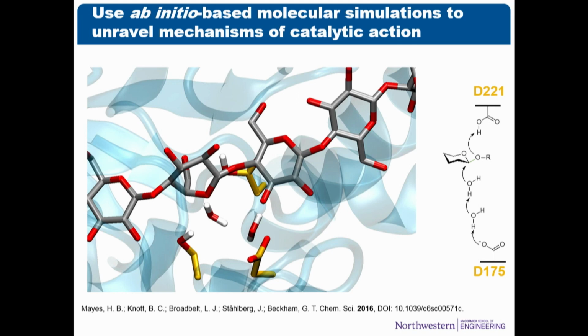In this case, this is now using a totally different kind of modeling. This is ab initio molecular dynamics, where we're actually monitoring reaction mechanisms. So you're figuring out how the enzyme acts, and you're even getting at kinetics.